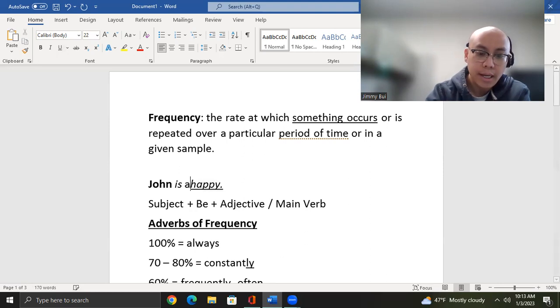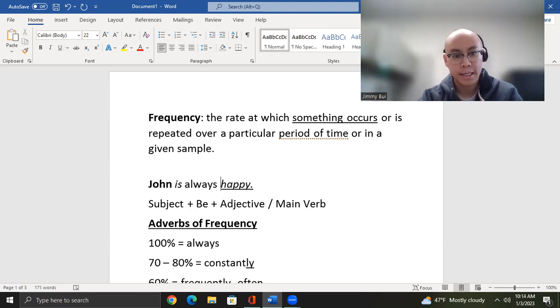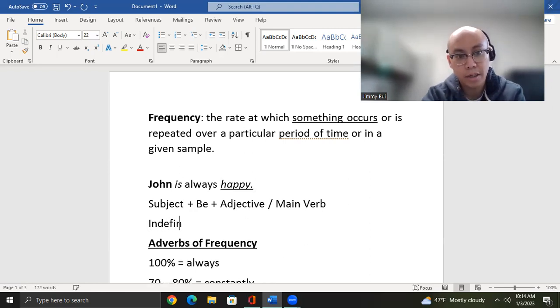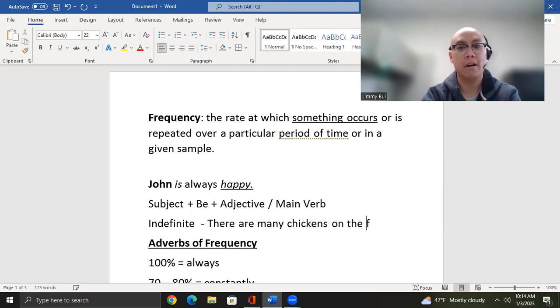In this case, the word always is considered to be an indefinite adverb of frequency. What this means is it is not definitive. For example, if I am at a farm and there are chickens on the farm, something indefinite I would say is, there are many chickens on the farm.